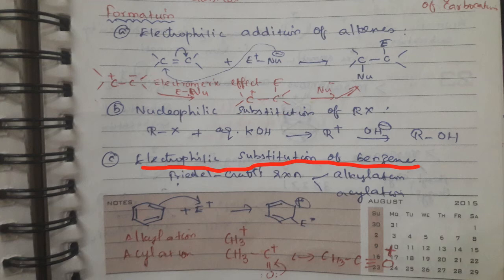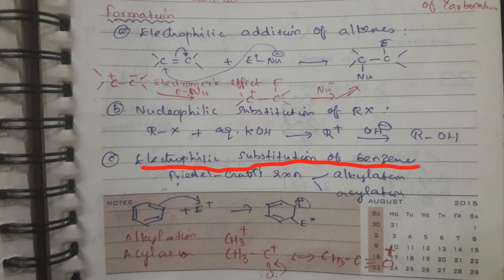Another example is the electrophilic substitution reactions of benzene, the Friedel-Crafts reaction. I hope you remember the Friedel-Crafts reaction. It is alkylation or acylation of benzene, which is an electrophilic substitution reaction.